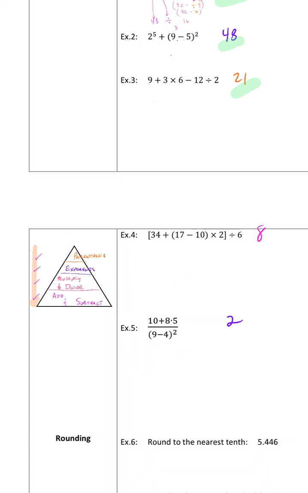If you didn't get those answers, now look at your work and see if you can see where your mistake was. If you can't, once this video comes to an end, I'm going to do the extended version so you can watch the rest of the video. You'll be able to watch the rest and see how to do these problems.